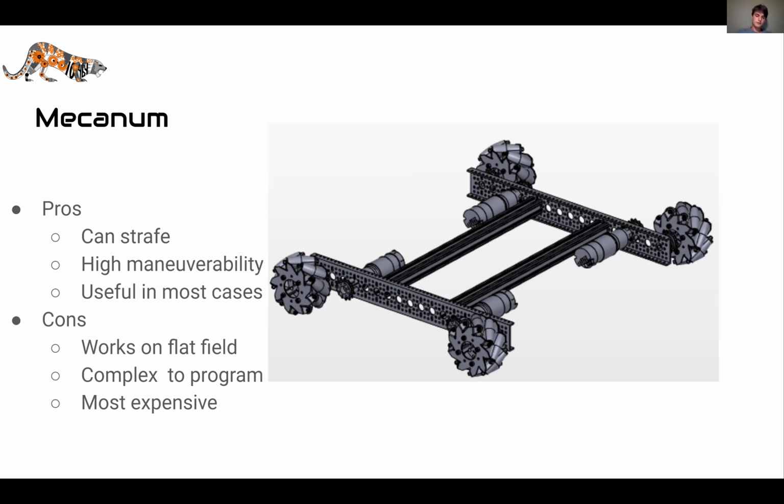Unfortunately, it only works really on a flat field, and it is much more complicated to program than something like the four-wheel drivetrain or even the six-wheel drivetrain. And it's pretty expensive because, especially if you get higher quality Mecanum wheels, they can run up in price pretty quickly.